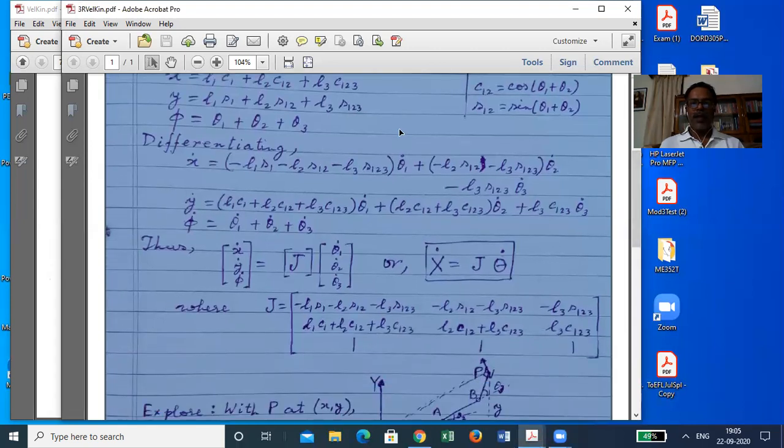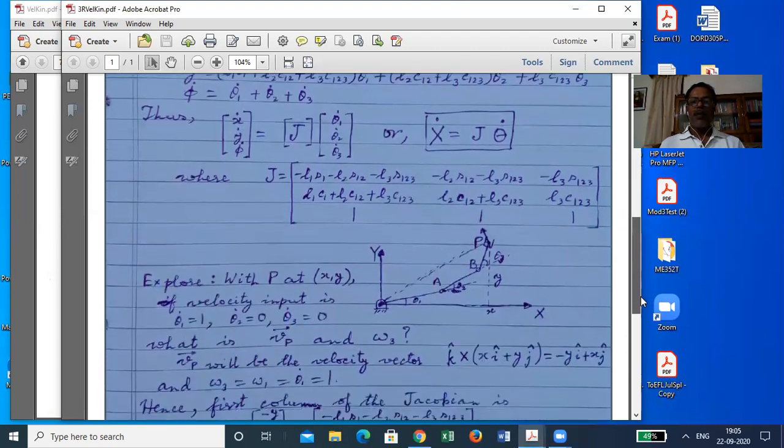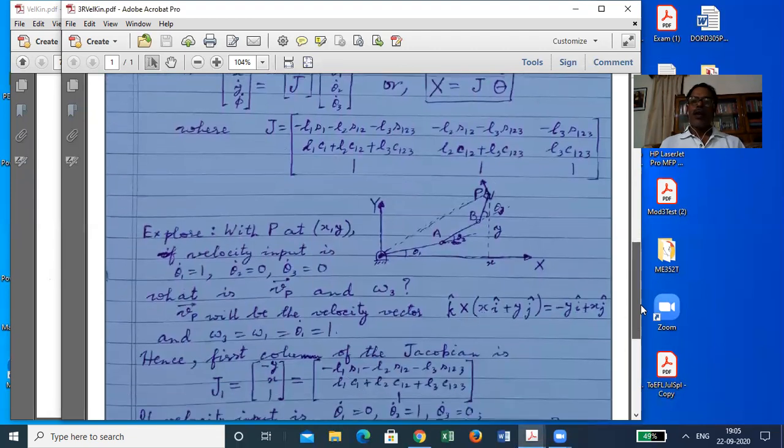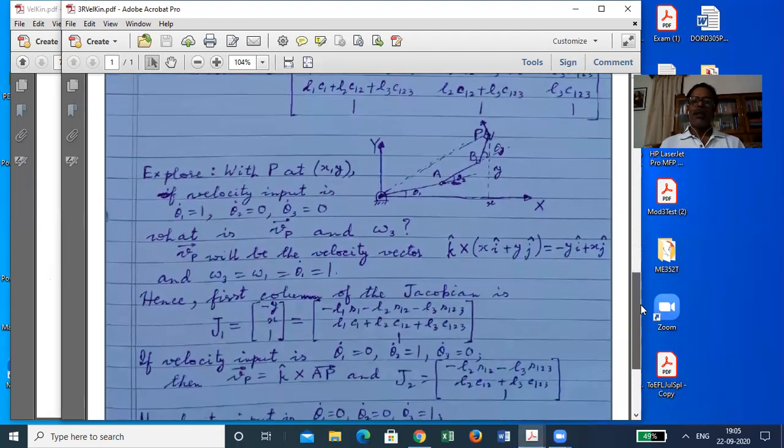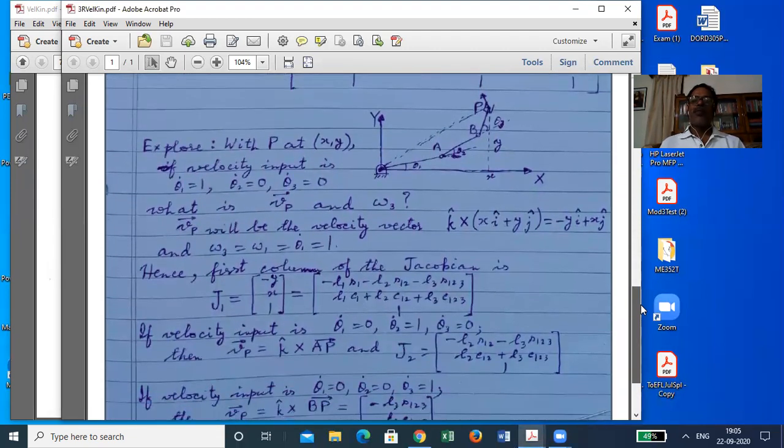So this we have already done. Now this same thing we can fill by the consideration of locking all the joints except one, which we move with unit input. So explore. This is the first link, this is the second link, this is the third link.